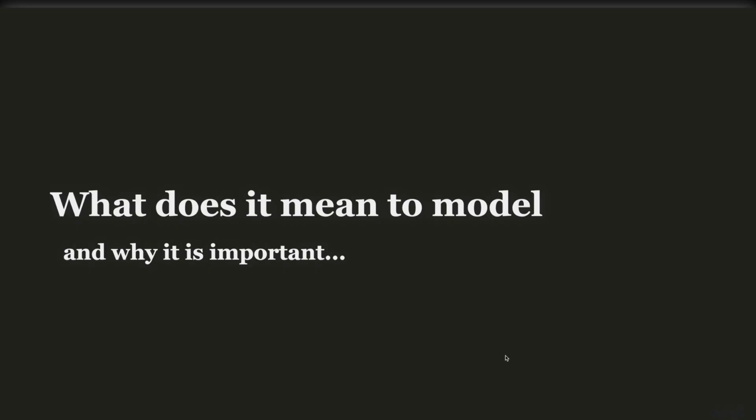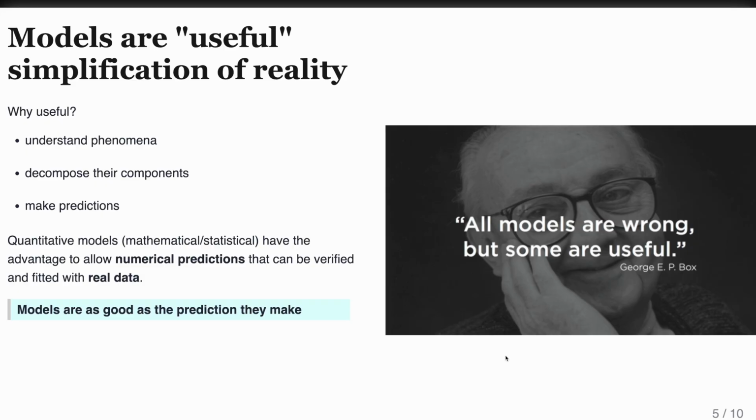So what does it mean to model and why is it important? Models are so-called useful simplifications of reality. I like to quote George Box, a famous statistician. He used to say that all models are wrong, but some are useful. What does it mean? It's very hard to create realistic models of complex phenomena.